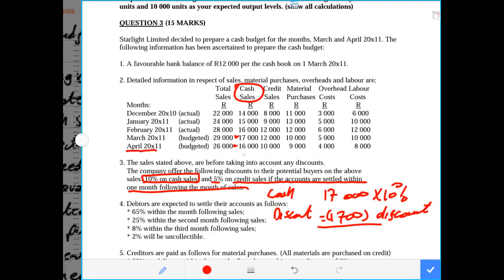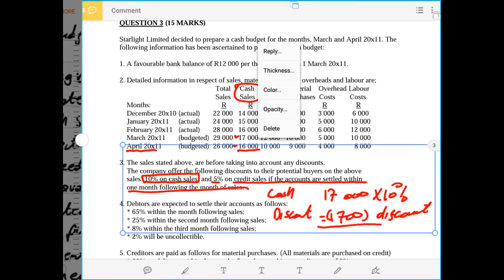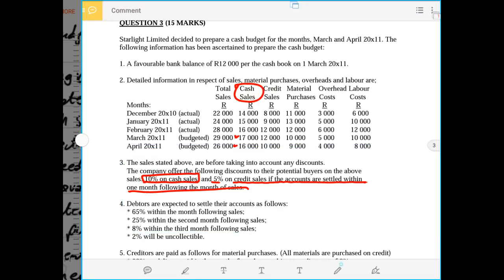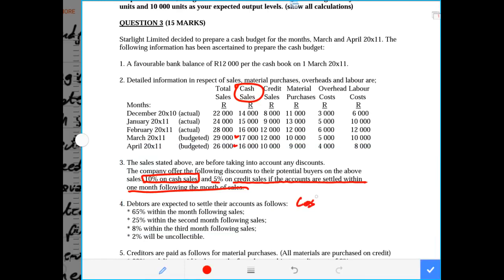Then for April, we look for the cash sales after the discount has been taken into account. Our cash sales were 16,000. That means we only receive 90% of that, because 10% will be a discount. A discount of 10% will be an amount of 1,600.